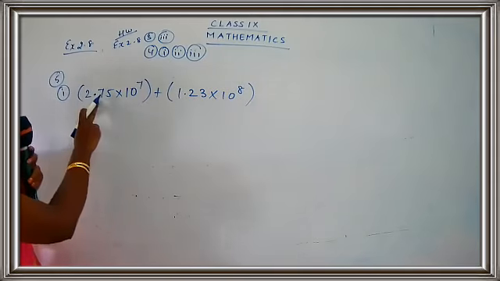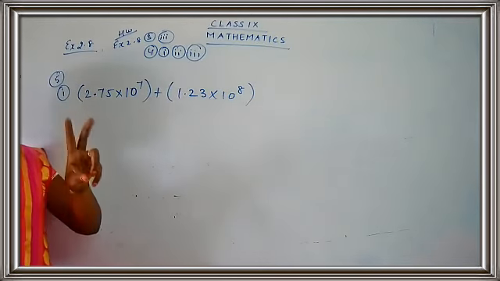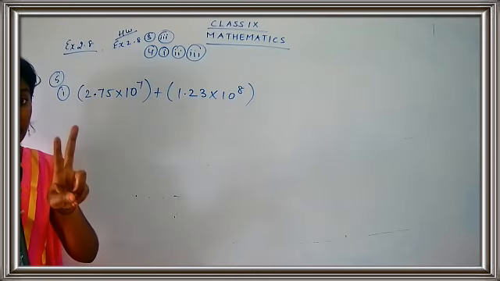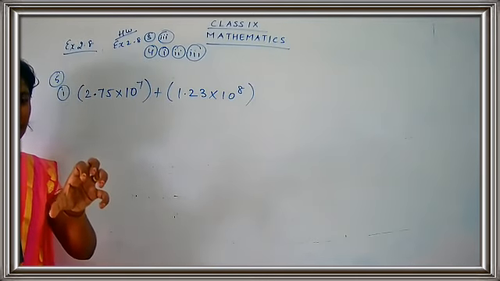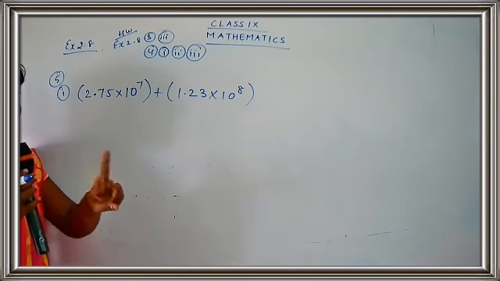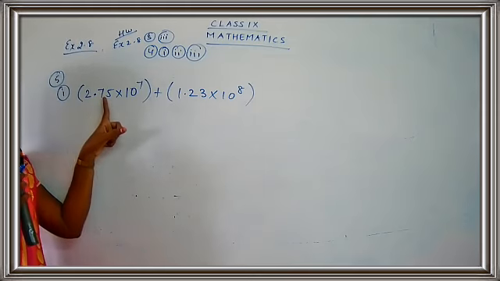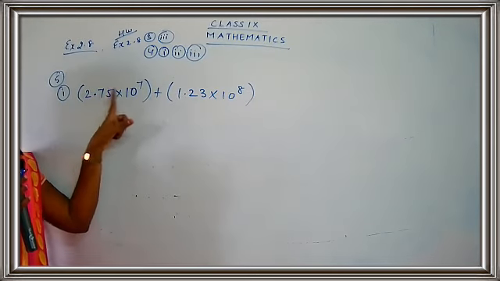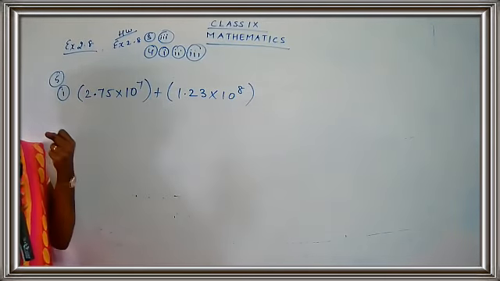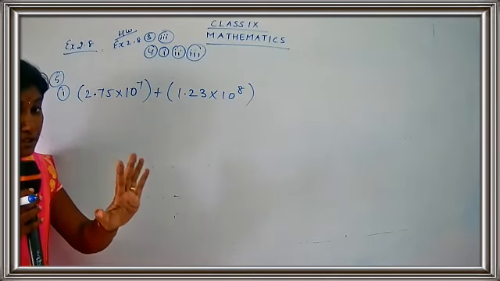What do I have to multiply here by? I have to multiply by 100. That means how many zeros do I need? I need 2 zeros. This is just for your understanding purpose, a shortcut. If I multiply by 100, the decimal will go, so 2 zeros I need here. So from 7, I am going to take 2 zeros. How many zeros are left now? 5 zeros. Are you getting my point, children?